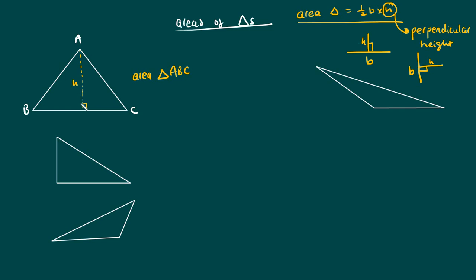So I'm going to write this as H. Right, so the area here is going to be what? Half of the base. The base is going to be BC times the height, which is the one we constructed. Good.